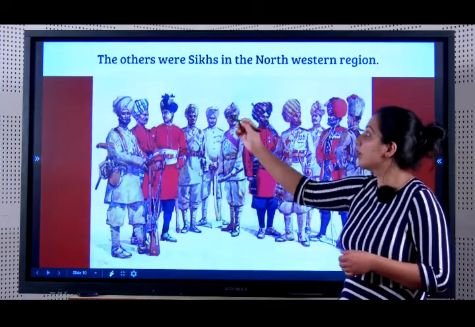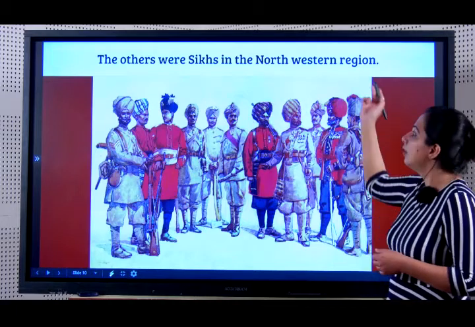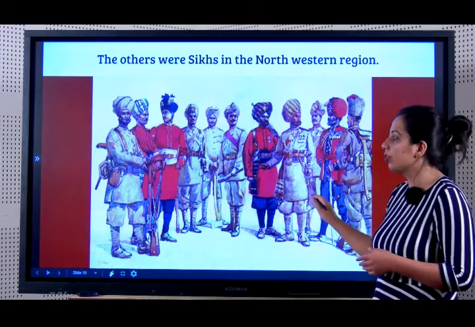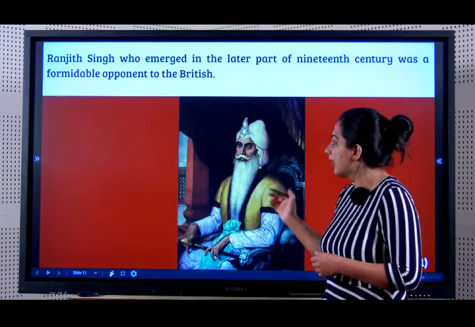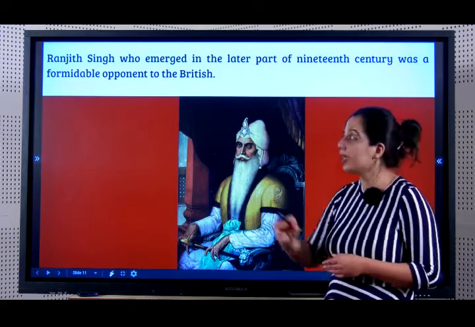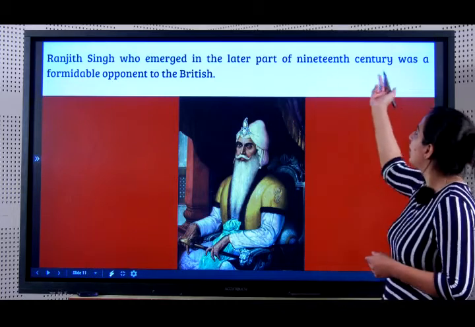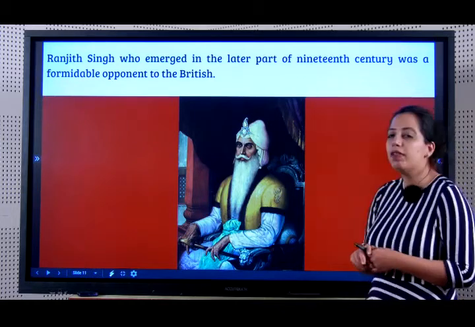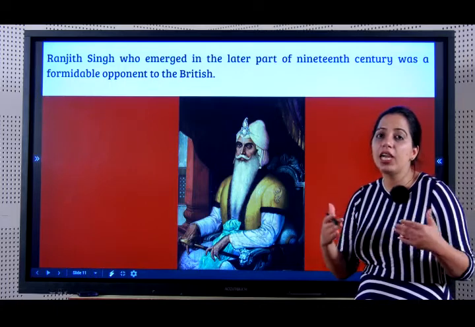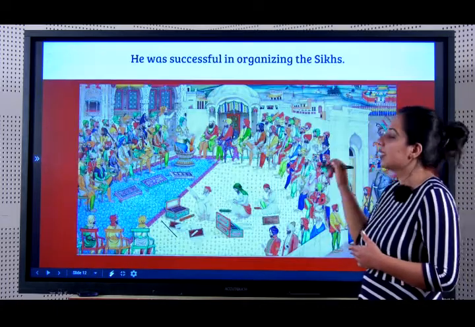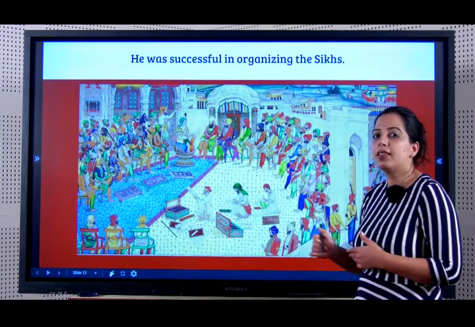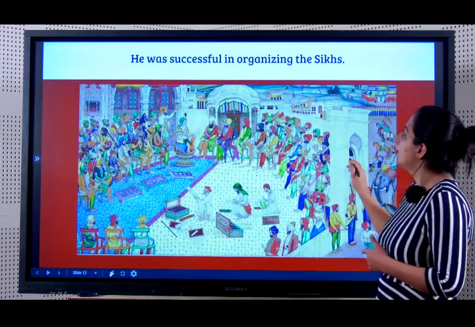There were others also, like the Sikhs in the northwestern region of India. Ranjit Singh was a very popular king then. He emerged in the later part of the 19th century. He was a formidable, very challenging opponent to the British. He was successful in organizing the Sikhs.